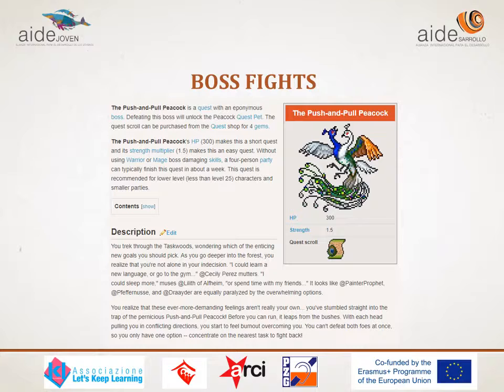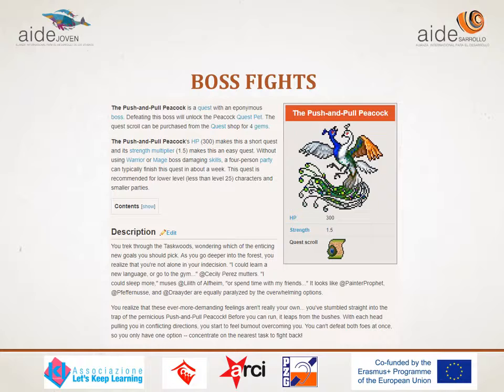Boss fights are usually held at the end of the levels of the player journey, the user journey in this case, and they are challenges that are extremely hard for some reason. Maybe you have a stronger time limitation, maybe you have fewer opportunities for failure, whichever limitation makes it really hard.